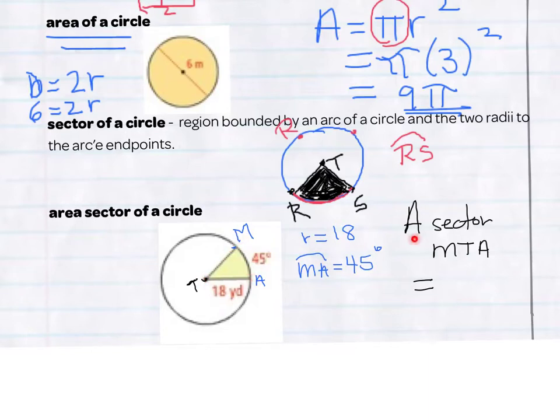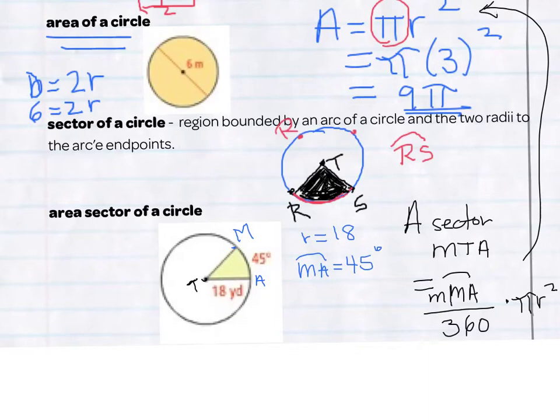We write A for area of sector MTA equals the measure of arc MA, divided by 360 because this is a circle and there's 360 degrees there, multiplied by pi r squared. Oh, you mean the same pi r squared we used up here? Boom! That's exactly what you're going to do.